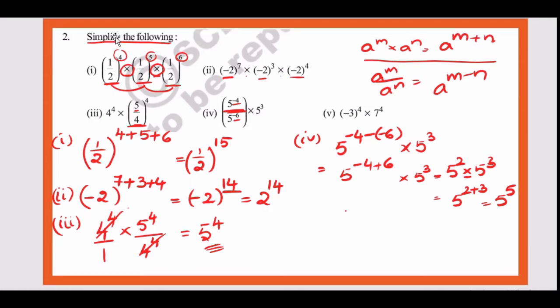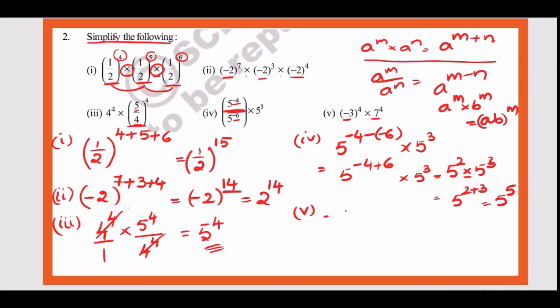Now let us see question number 5. Here if you observe, bases are different but the exponent is same. So when bases are different and the exponent is same, that is a power m into b power m, which can be written as a into b whole power m, right?